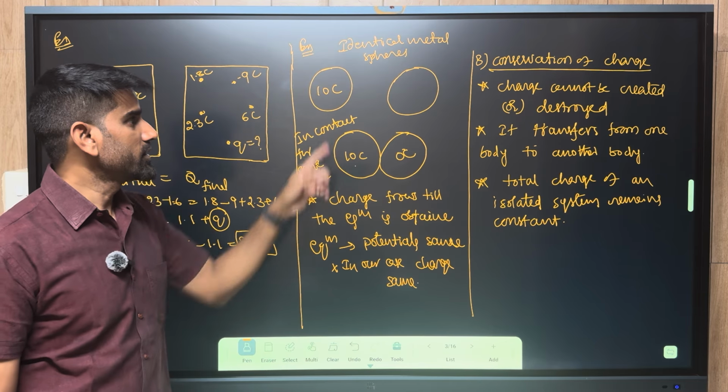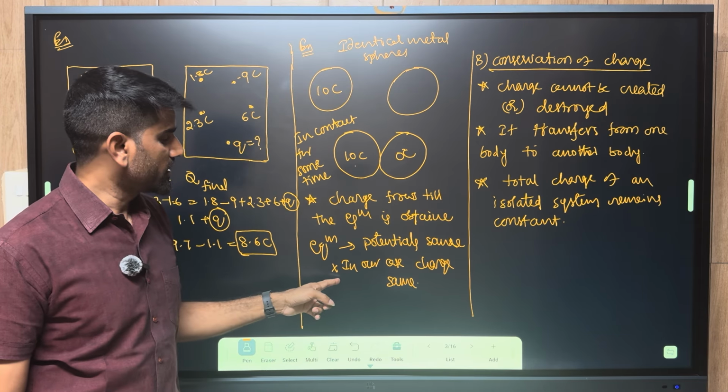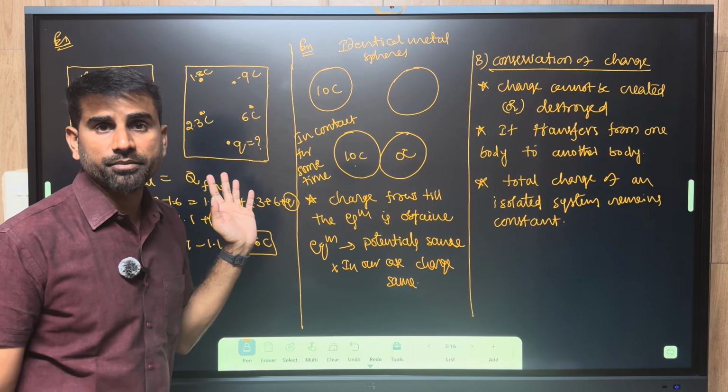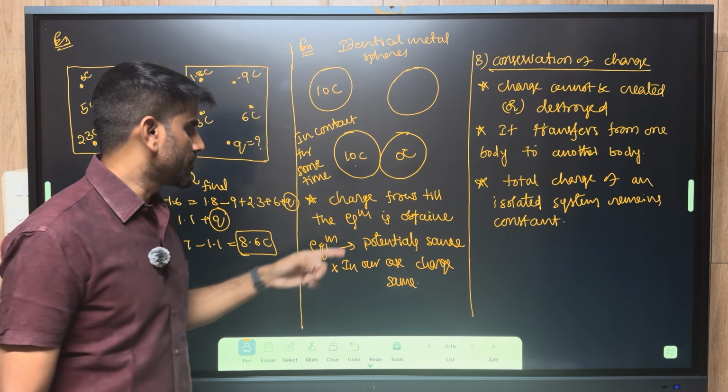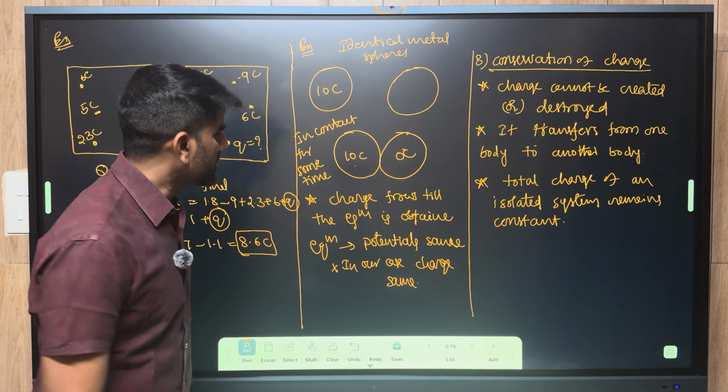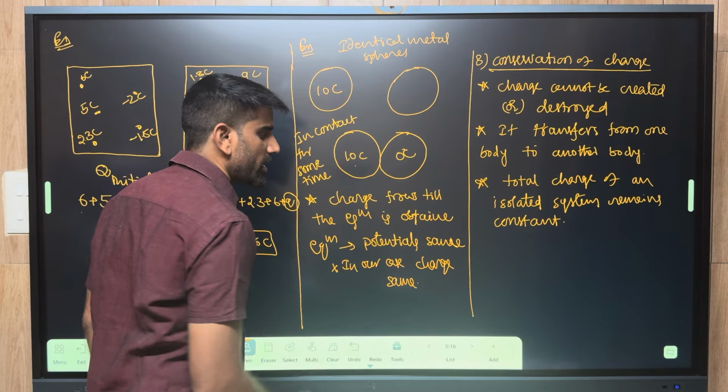Unless these two are identical, this condition will not work, but the potential condition works every time. So potentials are same; in our case, the charges are the same. That means both the objects will gain the same charge.